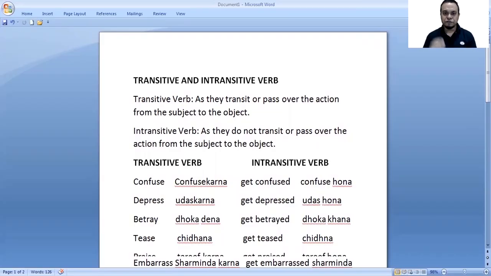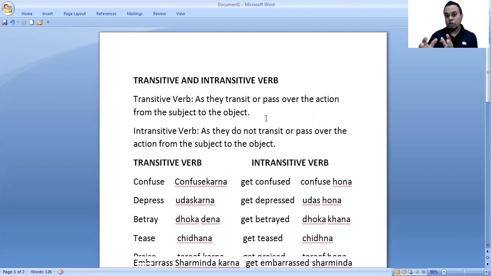So guys, first I'm going to teach you the definition of the transitive verb and the intransitive verb. Let's have a look at the screen. Transitive verb: as they transit or pass over the action from the subject to the object. Now the transitive verb needs an object in order to complete its action.